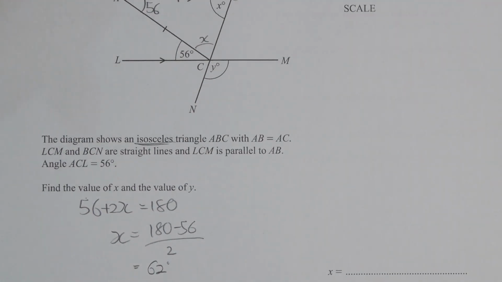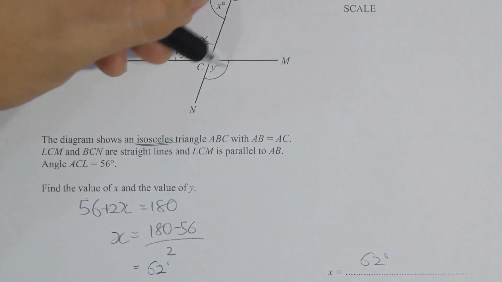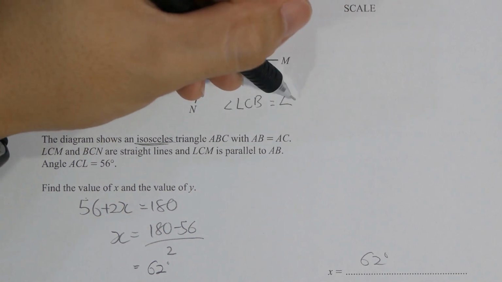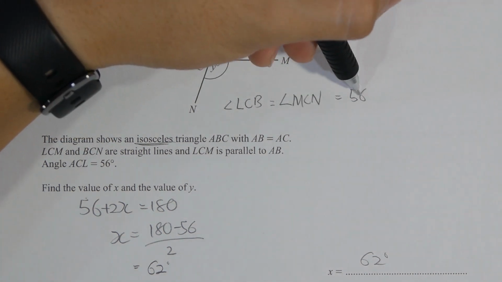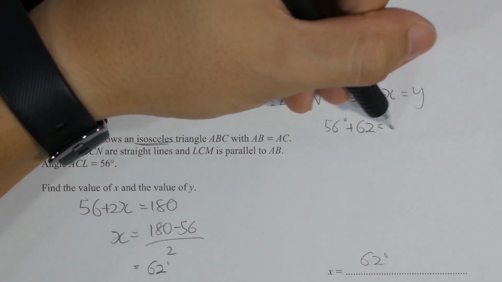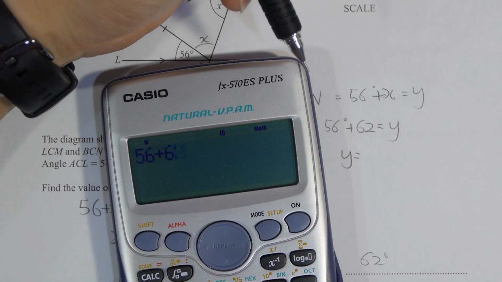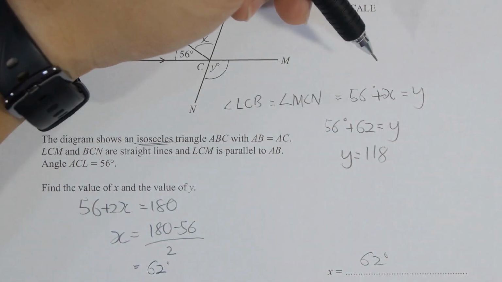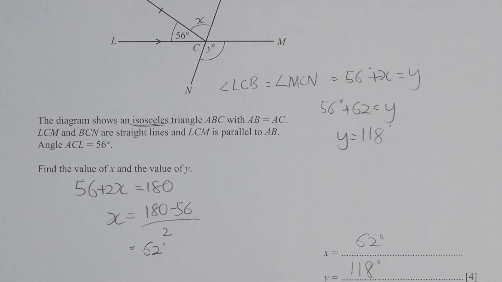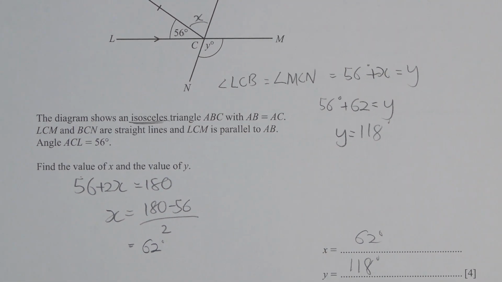With that being said, I can now first identify the x value by taking the triangle ABC for a calculation. So 2x plus 56 equals 180. The x value will actually be 62. So for us to identify angle y's value, simply add x to 56. Then you will end up with 118.